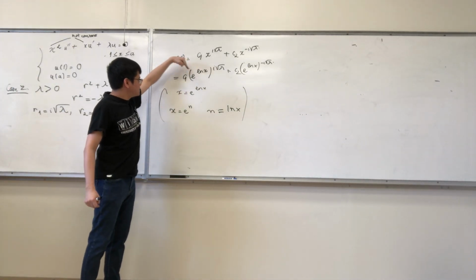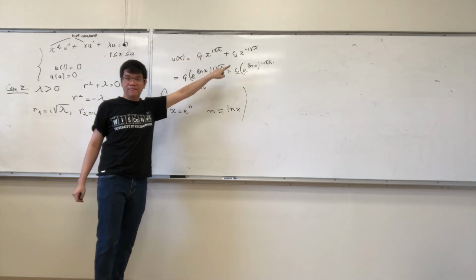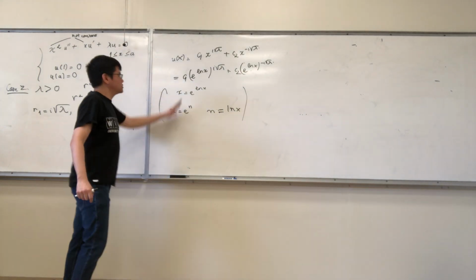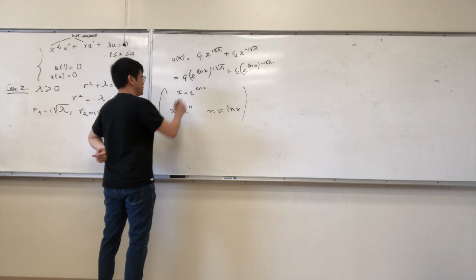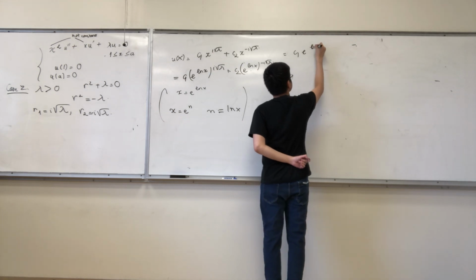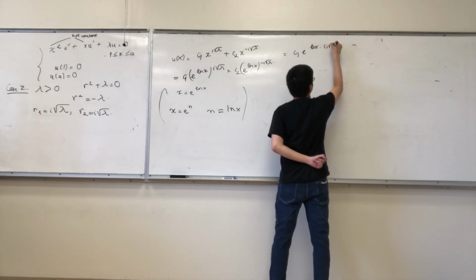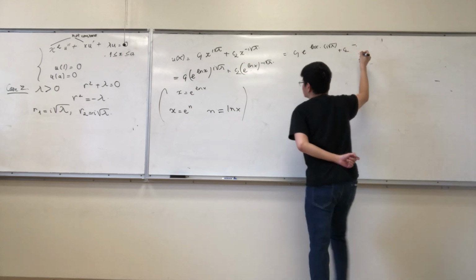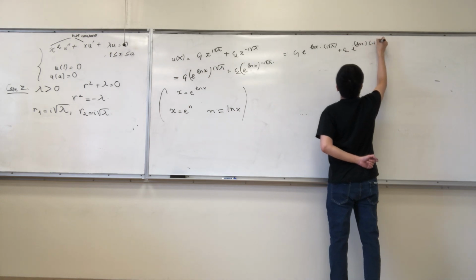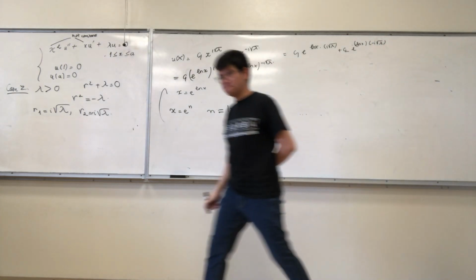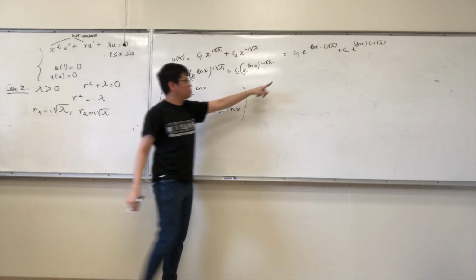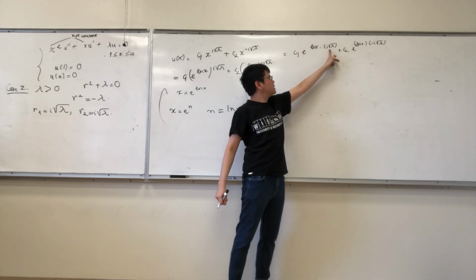So now you have c1 e to the log x to the power i square root of lambda, and c2 e to the log x to the power minus i square root of lambda. To continue this, e to the log x to the power i square root of lambda will be e to the log x times i square root of lambda.